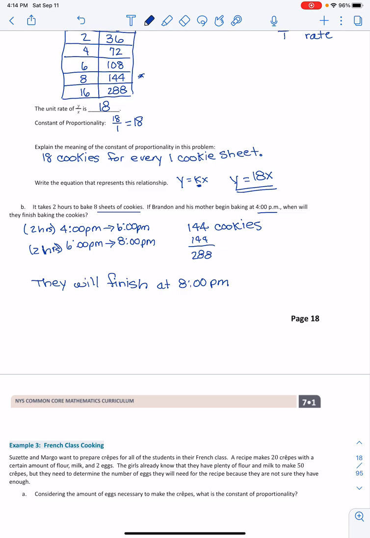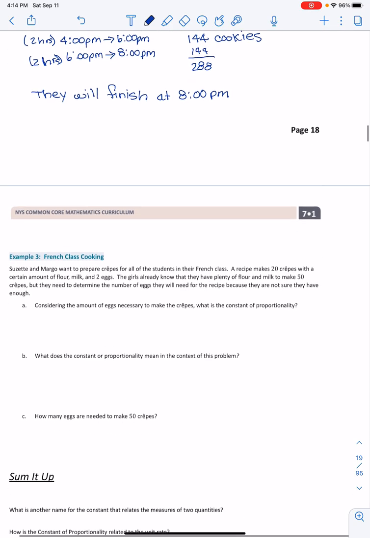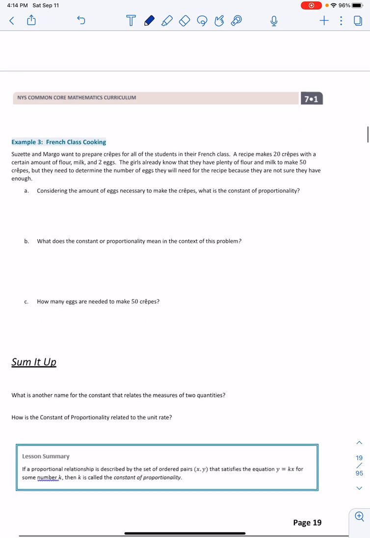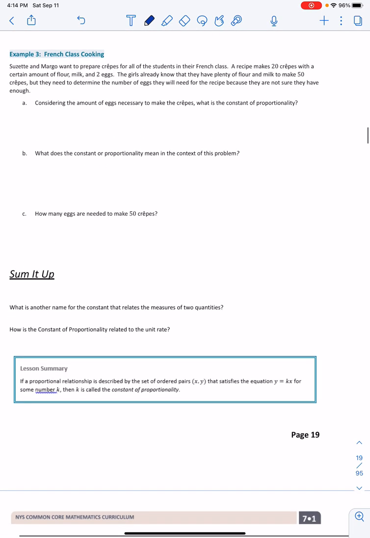So next, our last example 3, our French class cooking. Suzette and Margot want to prepare crepes for all of the students in their French class. A recipe makes 20 crepes with a certain amount of flour, milk, and 2 eggs.